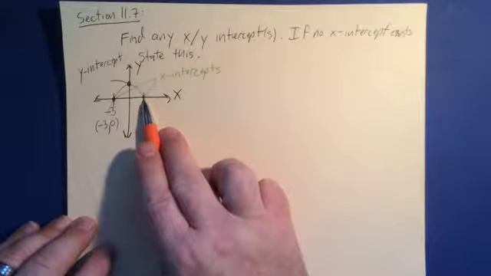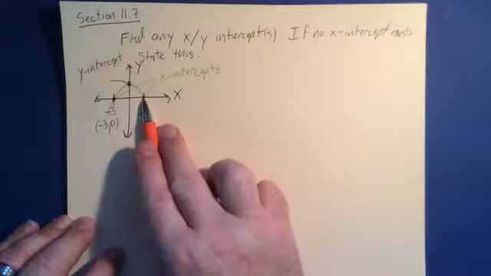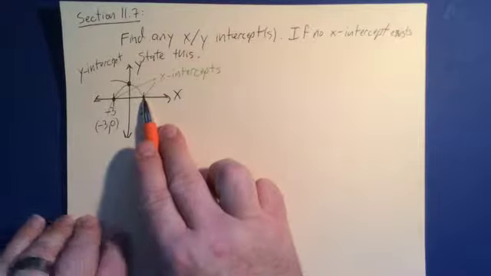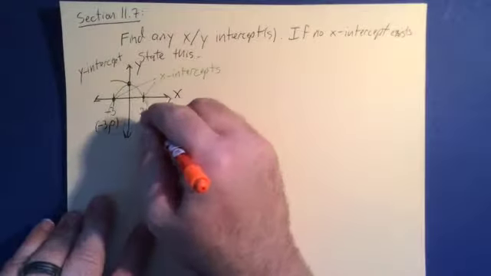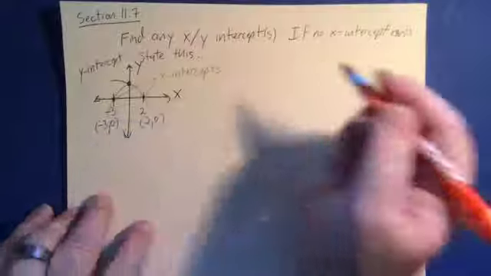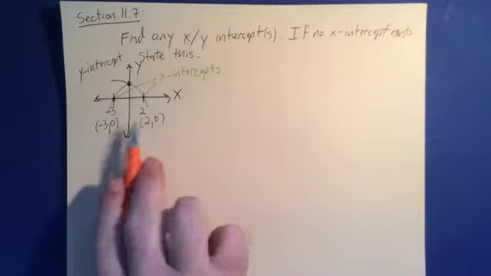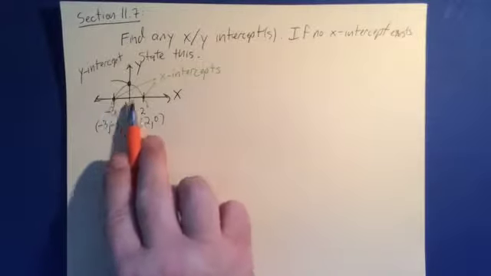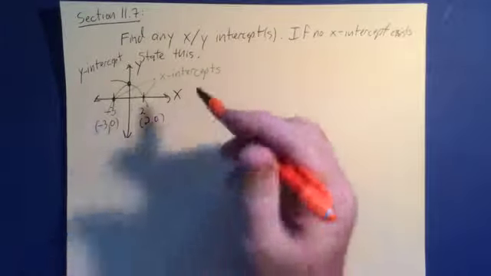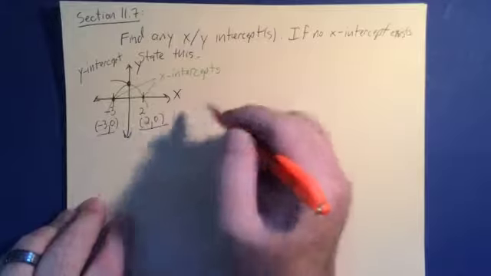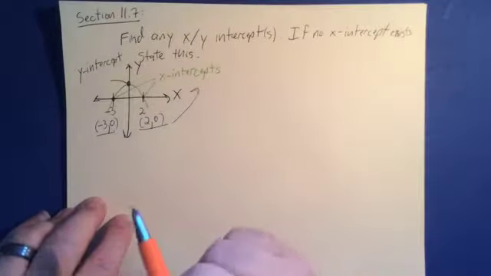If the value of x is 2, we know the value of y is 0, so we'd express the other x-intercept as 2, 0. So these 2 points, -3, 0 and 2, 0, represent the two x-intercepts.